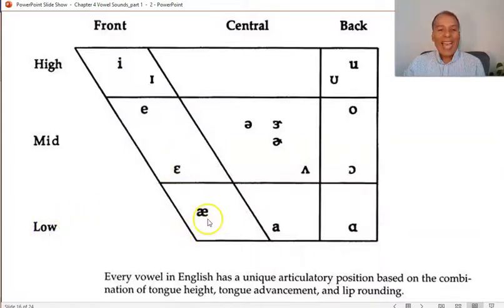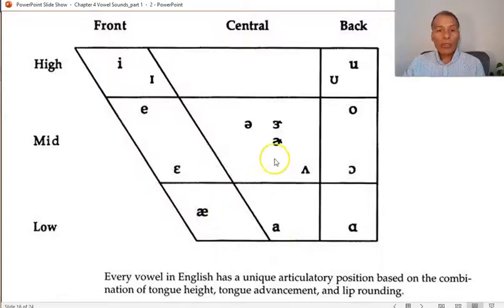Then the A as in cat, as in sat, as in mat, that A has 2 pieces together, and this is what you find in words like cat, for example. So that is a low front, lax, unrounded. So every time I only use 4 words to describe each one of these phonemes.